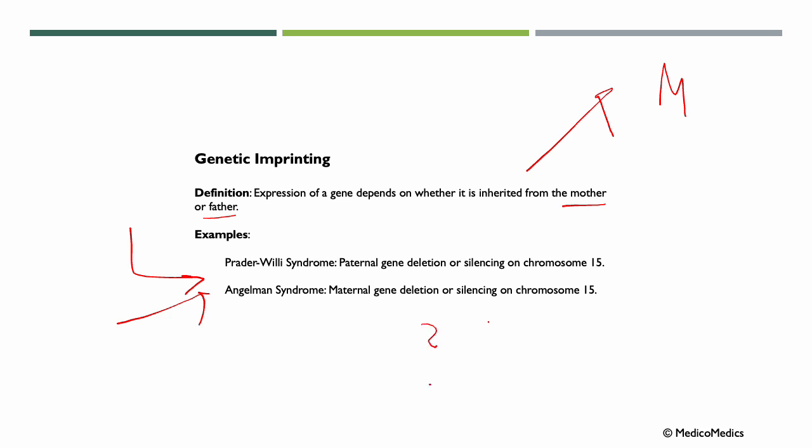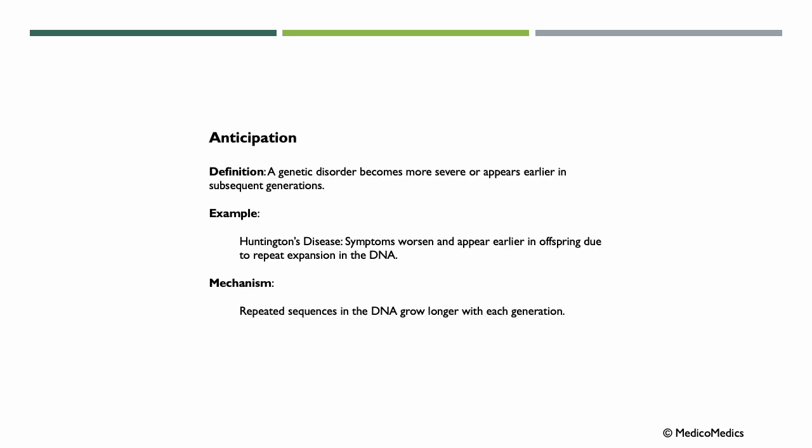Now, why is genetic imprinting so important? Because it regulates growth and development in early life, and it plays a role in disease inheritance and susceptibility. So errors in imprinting can lead to disorders, cancers, metabolic conditions, etc. Now, anticipation is defined as a genetic disorder becoming more and more severe or appearing earlier in subsequent generations.